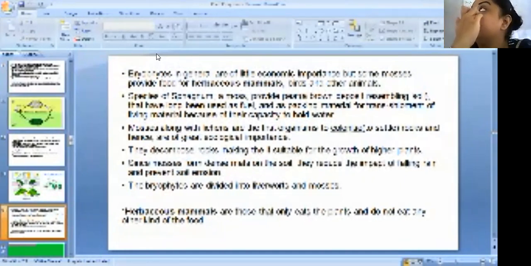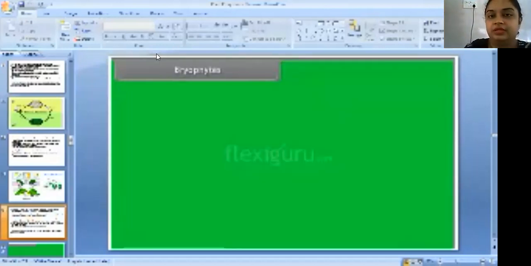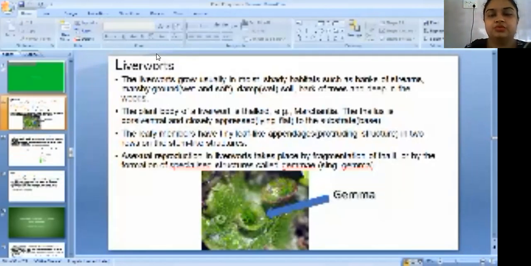Okay. Now we'll discuss in detail what are mosses and liverworts. First one we'll discuss is liverworts. Do you remember anything about Gemma cup we had discussed? यशवी, Gemma cup के बारे में याद है कुछ? They are small buds.